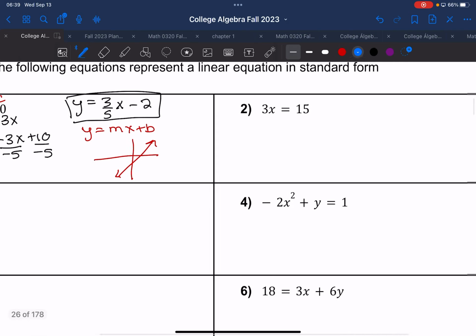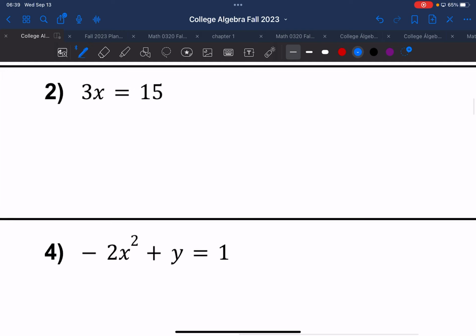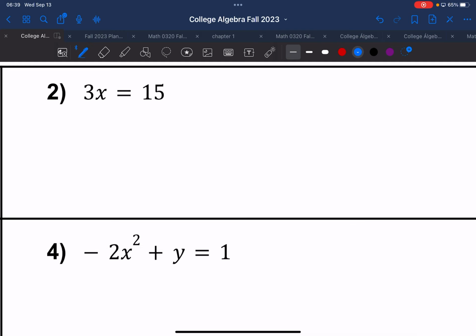Okay, looking at number 2. On number 2, we have 3x is equal to 15. Do you think this is in standard form, yes or no? No. Okay. What is it missing in order to be standard form? It's missing that y.